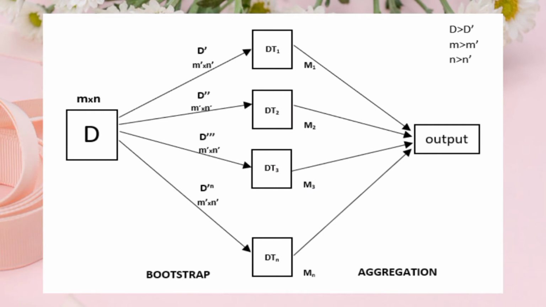So, what is random forest? Random forest is an ensemble technique capable of performing both regression and classification tasks with the use of multiple decision trees and a technique called bootstrap and aggregation, commonly known as bagging.